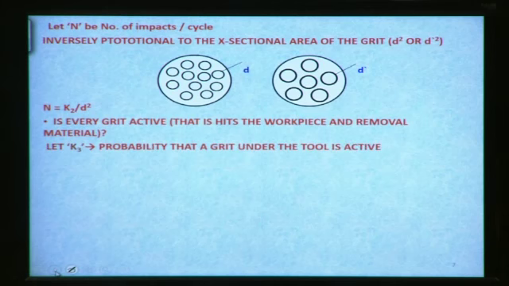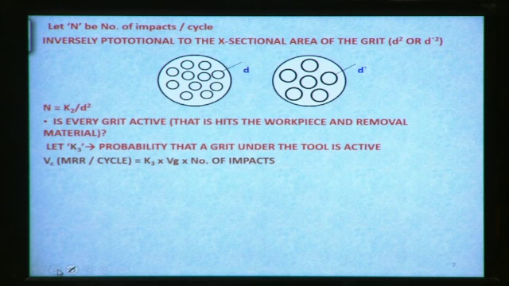So we can consider a constant of proportionality, this K3, the probability that one abrasive particle is taking part in the material removal. So K3 is the probability that a grit under the tool is active and taking part in the material removal.